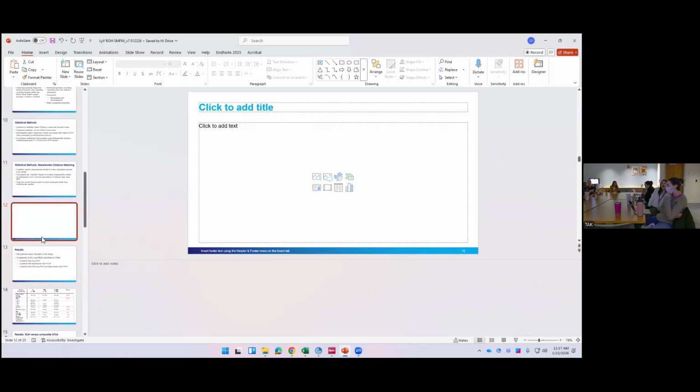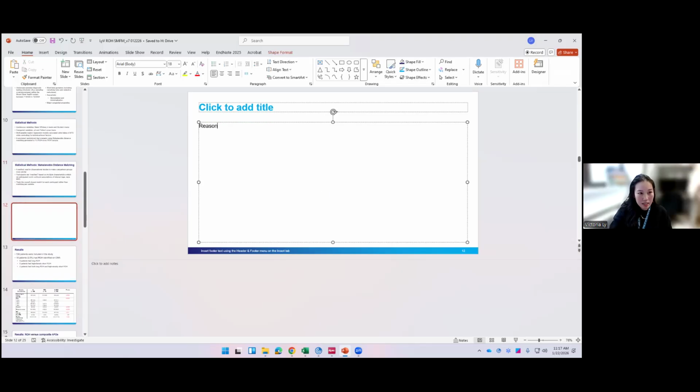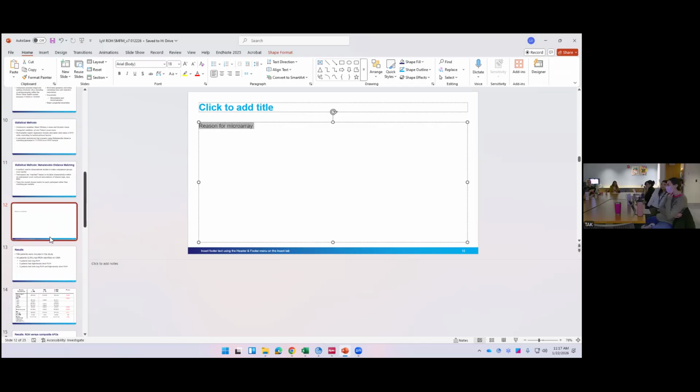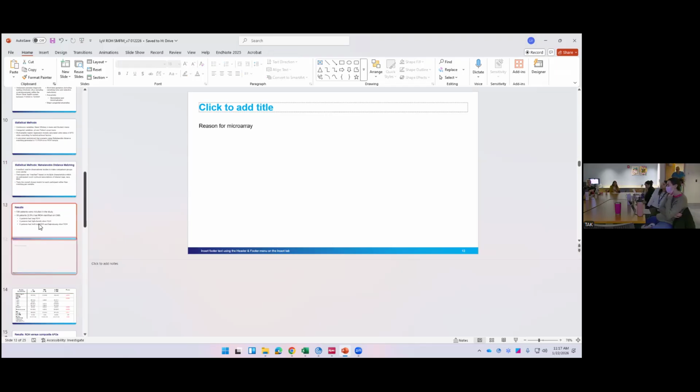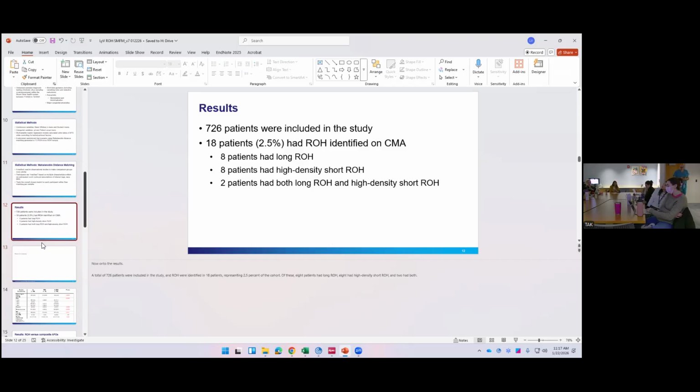Oh no, the next slide. Just go to that slide. So in the 726 patients were included in the study. Yeah, that's where I would describe why they got tested. Because over here, you're describing your cohort.